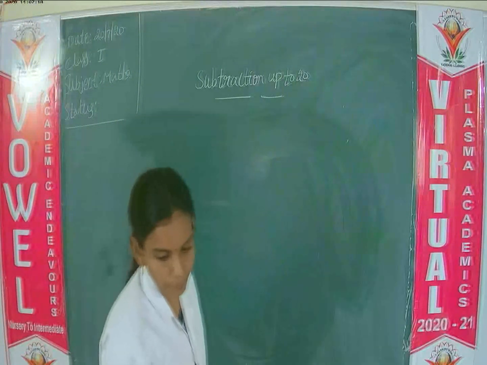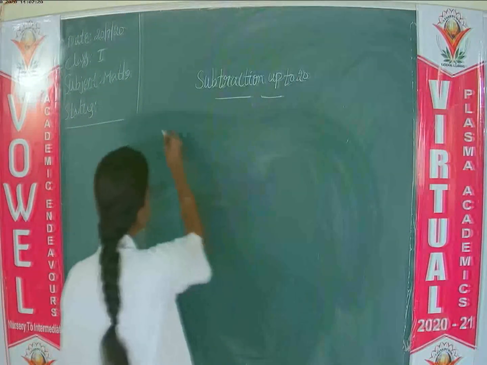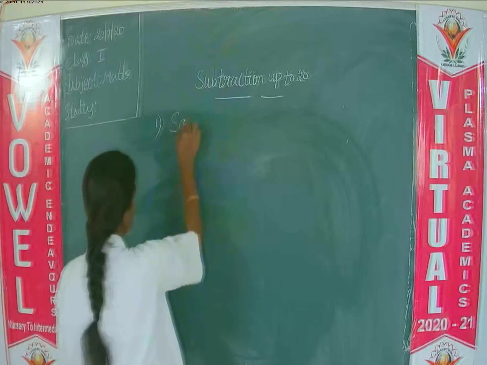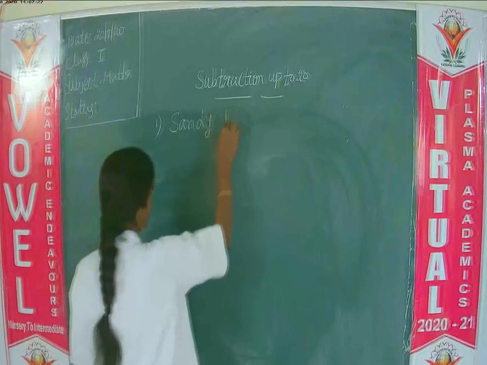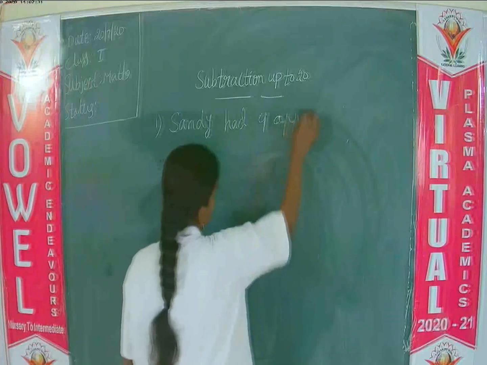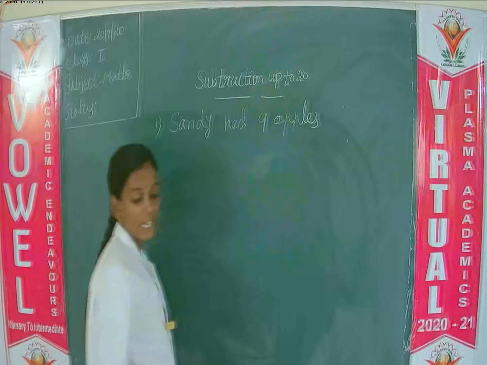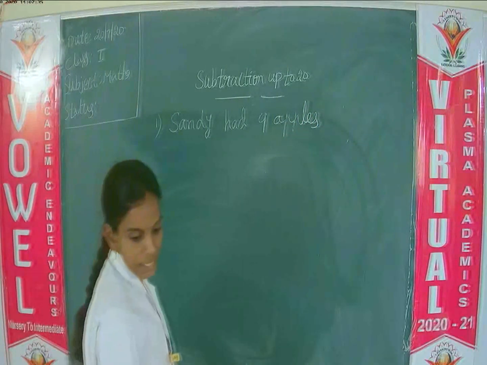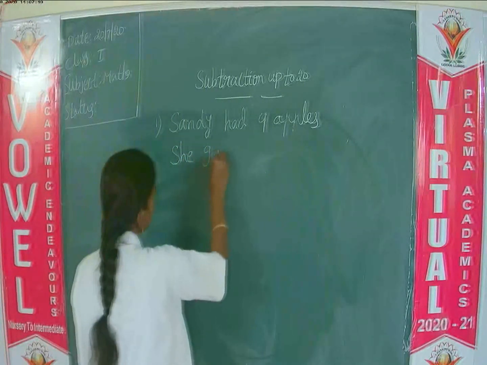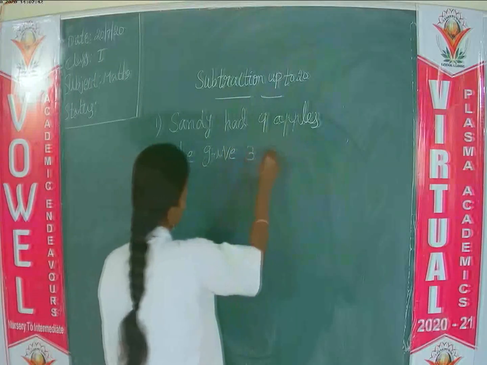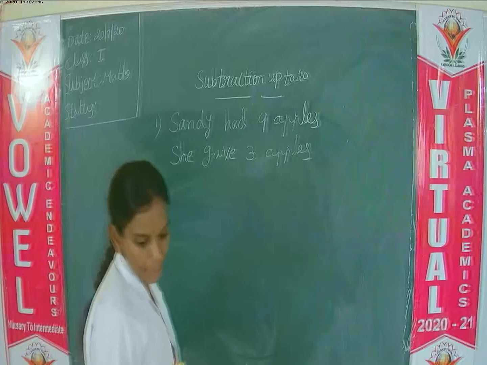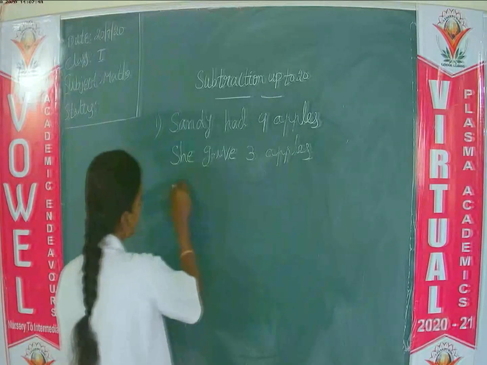See here, Sandy had 9 apples. She gave 3 apples to her sister.